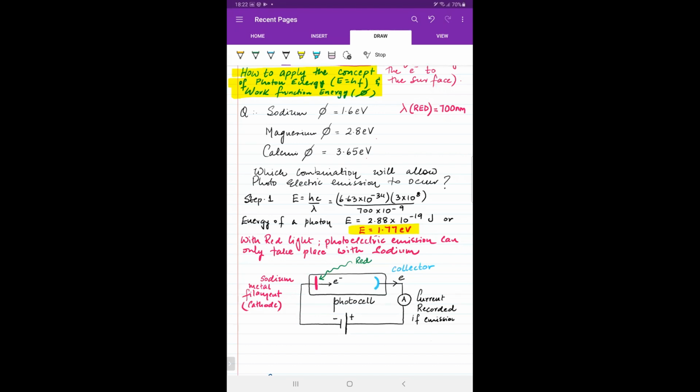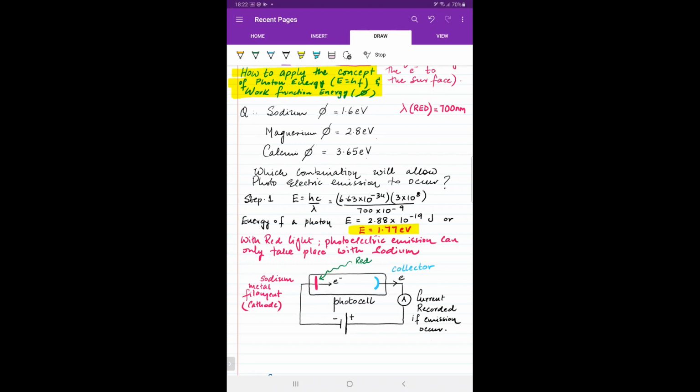ठीक है, so photocell is the name of the component. ये आपको कमर्शियली मिल जाते हैं, अब तो खैर काफी चीप हो गए। तो आप लाइट को एक्सपोज करते हैं on the metal filament referred to as the cathode. If emission occurs, then the electrons are going to accelerate towards the collector, which is connected to the positive terminal.